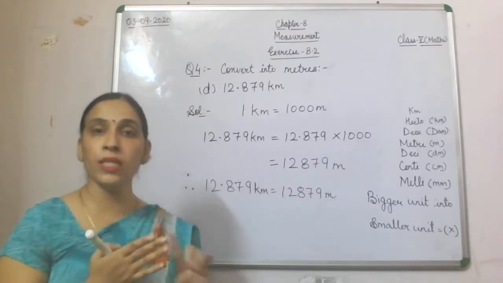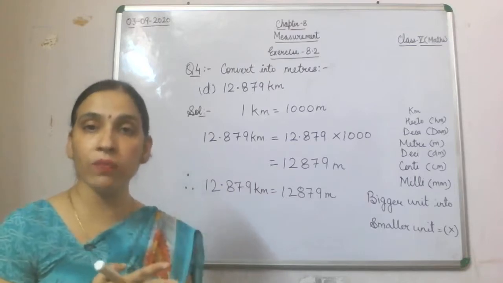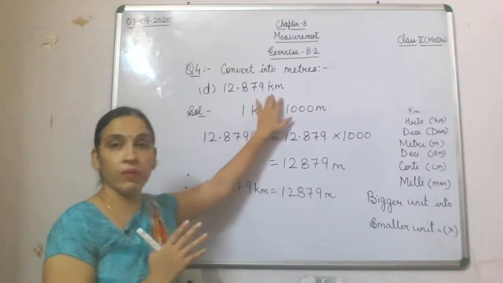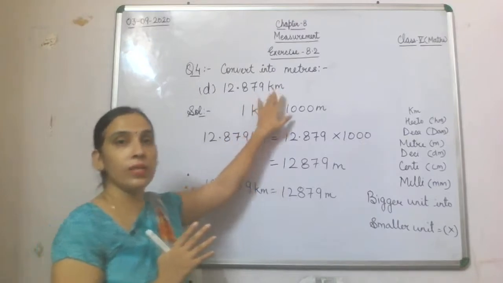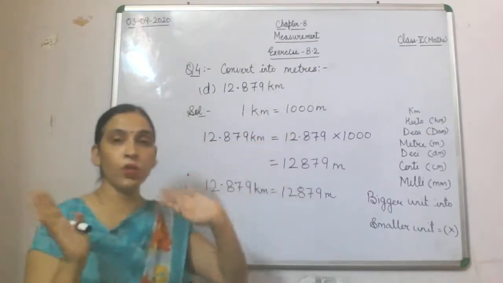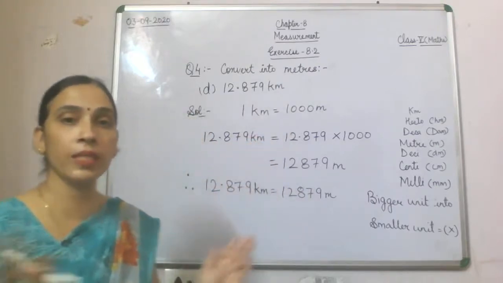In all these questions you have been given a bigger unit, like here you can see you have been given kilometer, and kilometer is supposed to be changed into meter. Fine. So we will find the relation between kilometer and meter.